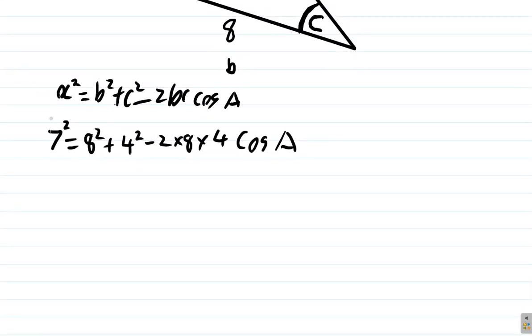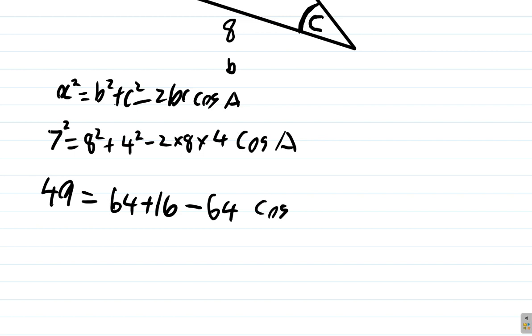So let's see now. 7 squared, 7 7s are 49, equals 8 8s are 64, plus 4 4s are 16, minus 2 4s are 8, 8 8s are 64, cos A. So 49 equals 16 and 64 is what? 6 and 4, 10. 6 and 1, 7 and 1, 8. 80.